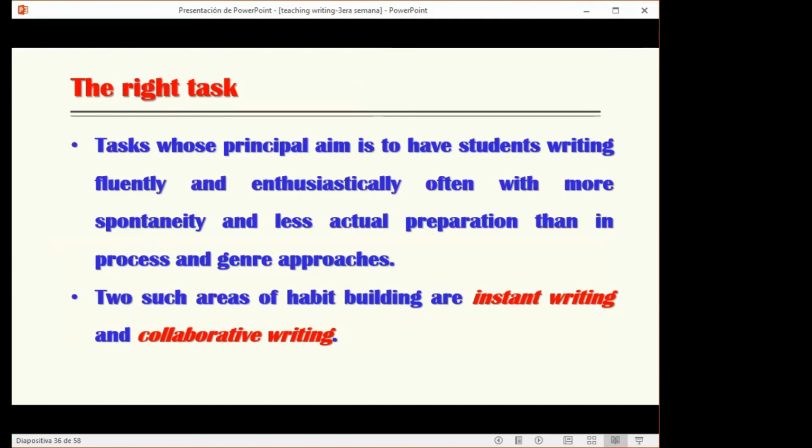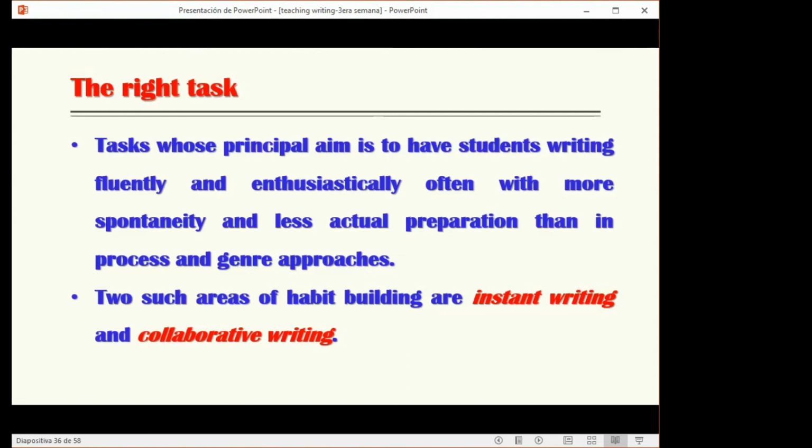Notice here, the principal aim of this task, the purpose of this task, is to make your students write fluently. Remember, fluency is not only related to speaking, but also to writing.